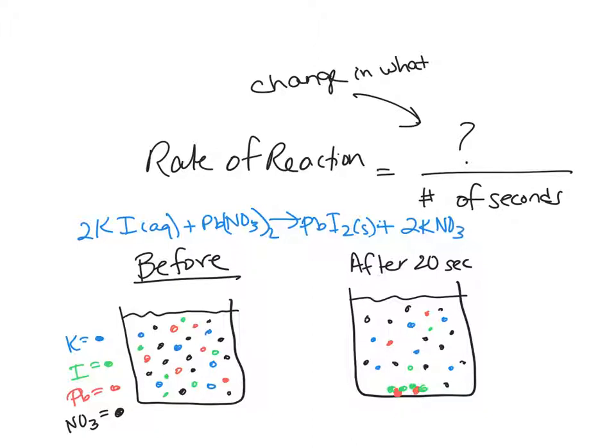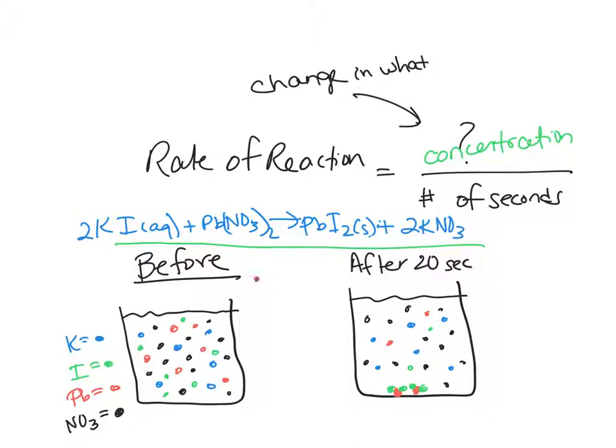So we're thinking, what can we measure that changes over a certain period of time to show us how fast the reaction takes place? And we're going to go back and look at you just took your test on solutions, and we're going to think about a reaction in solution that was on your test. And we can measure the change in concentration of something to show how fast a reaction takes place.